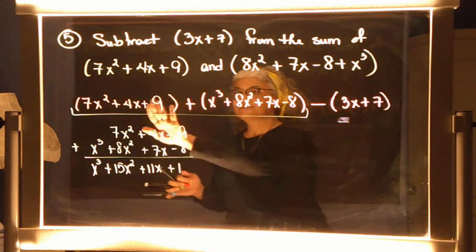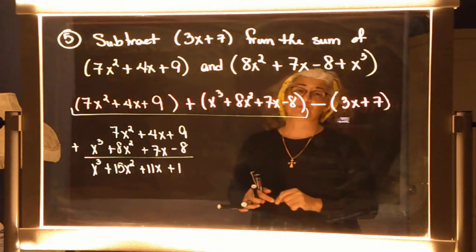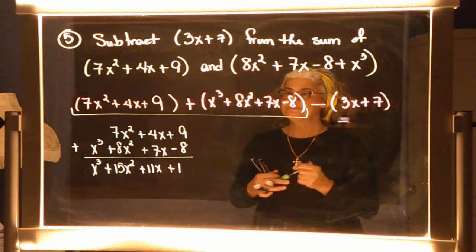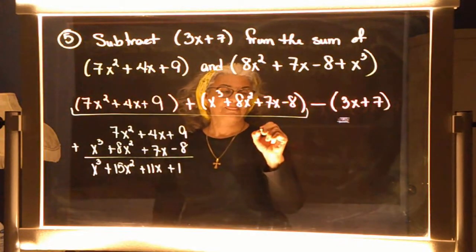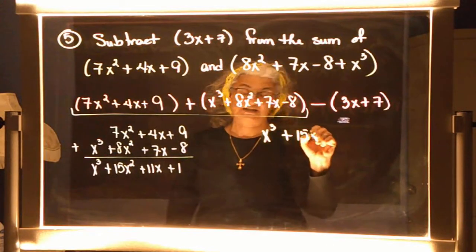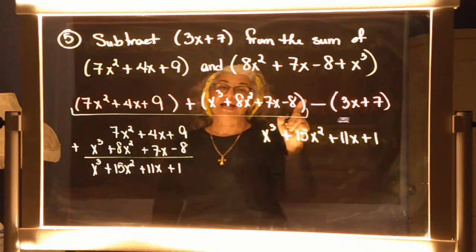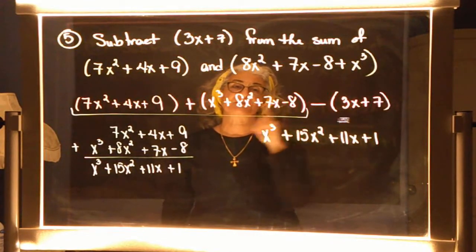Yes, after we add the first two parentheses, we're then supposed to do what? Subtract that third one, aren't we? All right, so we have x cubed plus 15x squared plus 11x plus 1. And now we're supposed to subtract this guy, aren't we?